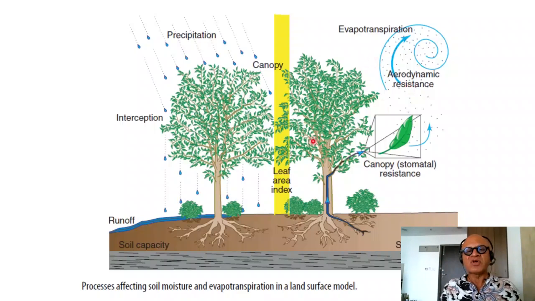So there are some processes that are known but cannot be represented explicitly, so they have to be represented as parameterizations, and some processes are not completely known, but we know they are important, and the molecular level details are not represented, but they are parameterized as well.